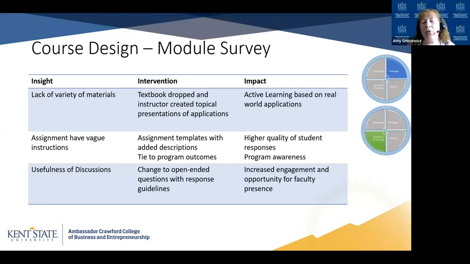We had one faculty member who didn't want to focus on any of that and did his course his own way and didn't want to listen. We got the module survey data back for his course, and I looked at it and said, guess what? The students are pointing out all the things that I've been saying. It was nice, because I know faculty don't necessarily want to listen to administration, but they will listen to the students. So that was really impactful in having that course change.